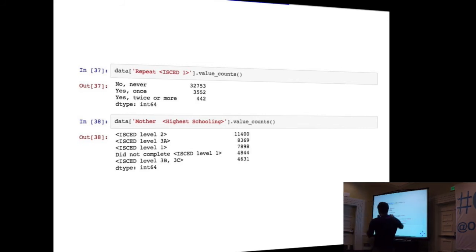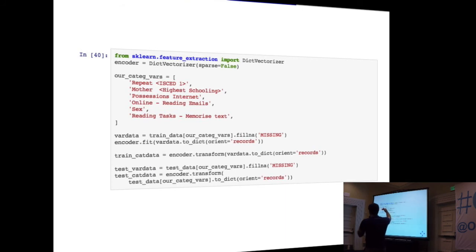Now I want to stress the flow of what's going on here: we take our categorical variables and fit on the training data, and then we transform both the training and the test data. We don't fit on the test data, we only transform the test data. That's going to be a common theme. For example, say we do some numeric scaling and get the means on our training data.